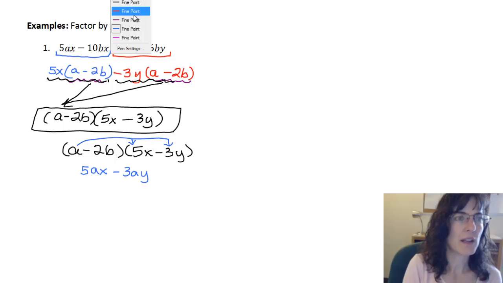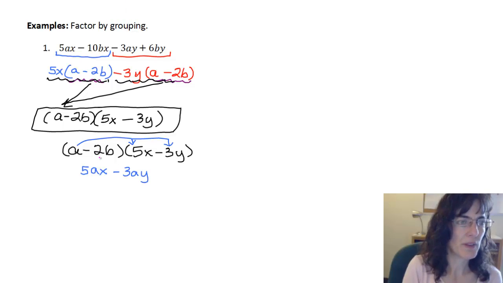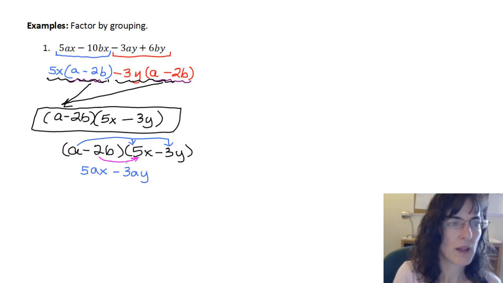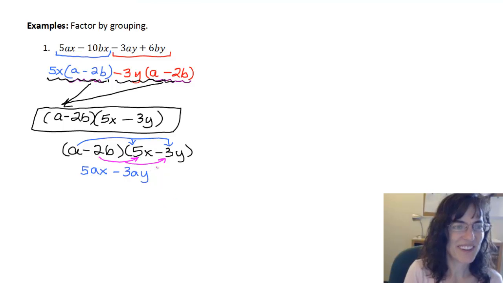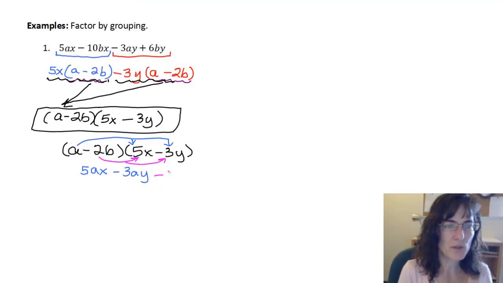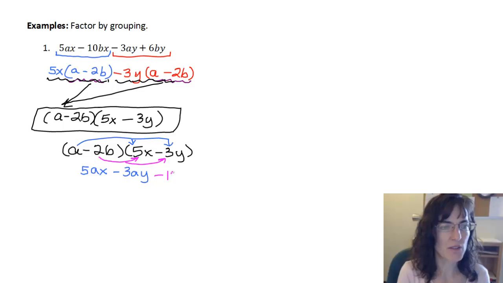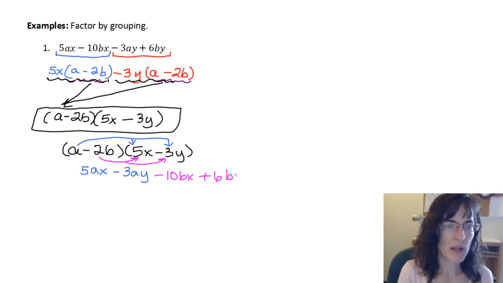And then I need to distribute the negative 2b inside the parentheses. So it'll be negative 2 times positive 5, so negative 10, and then bx. And then negative 2b times negative 3y, so that'll be a positive 6by.